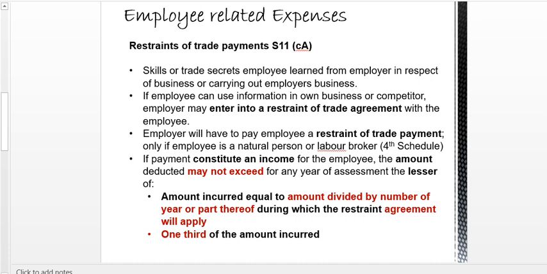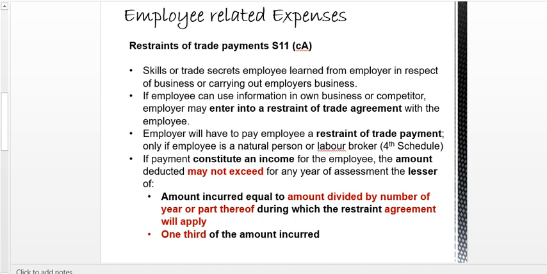If this employee can use this information in his own business or for a competitor, then the employer may enter into a restraint of trade agreement with the employee. So in other words, they may enter into agreements where the employer states to the employee that he may not use this information for a period of 3, 4, 5, or however many years.